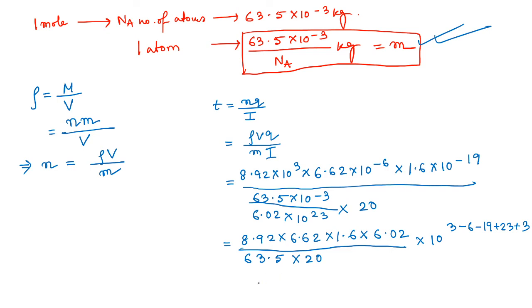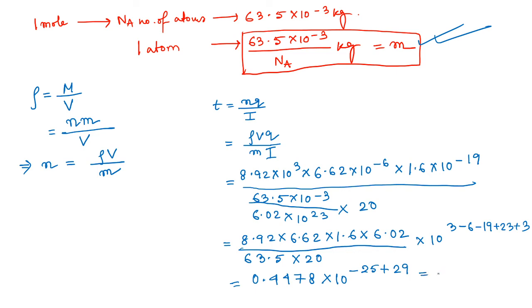Okay, so if we calculate all of these, 8.92 into 6.62 into 1.6 into 6.02 divided by 63.5 divided by 20, it gives us approximately 0.44785 into 10 to the power, plus 3 minus 6 minus 19, that is minus 25, and plus 29.